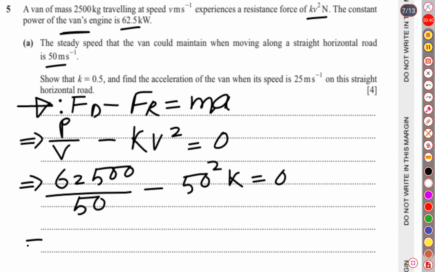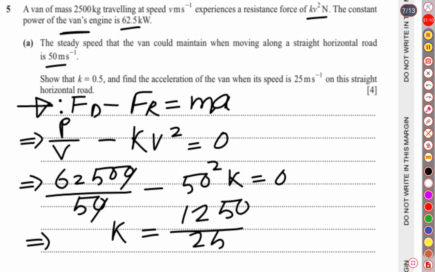Hence our k is going to be 62,500 over 50 divided by 50 squared, that is 1250 over 2500.